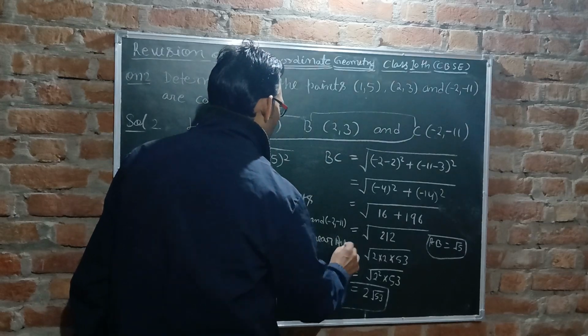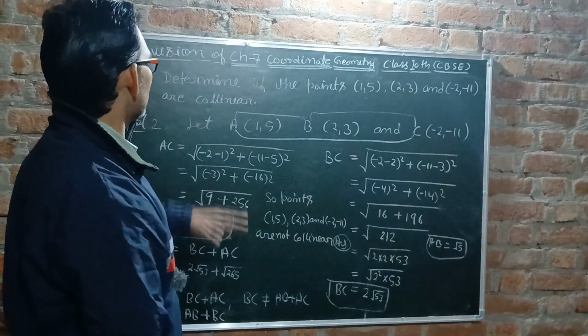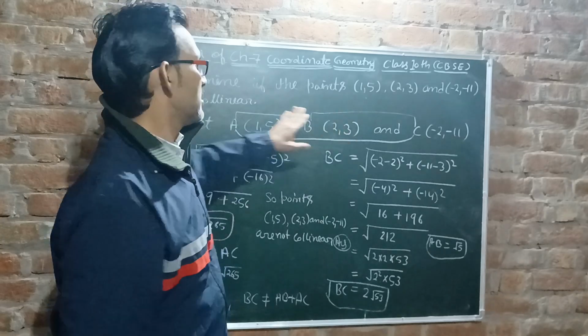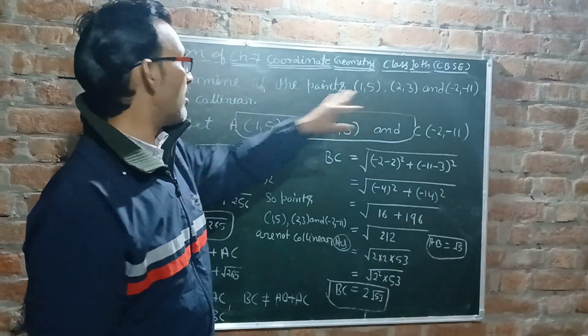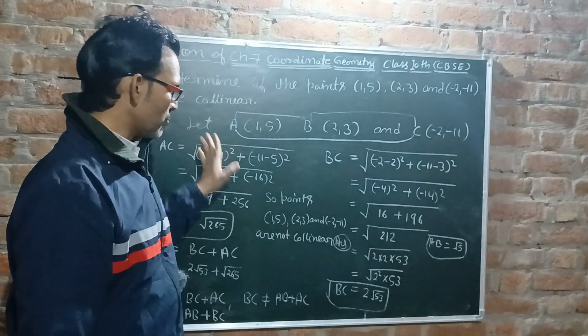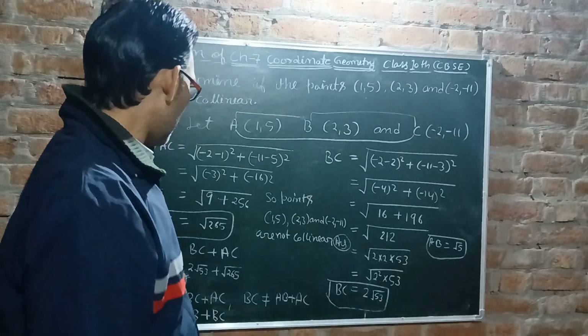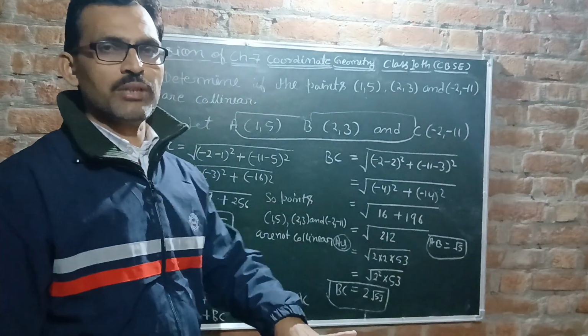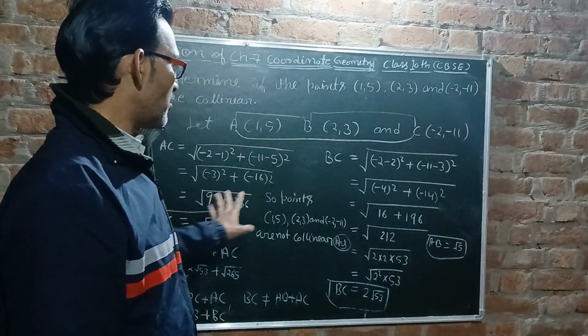This is our answer. Students, we have to determine here either the points are collinear or not collinear. So we found that sum of the two sides is not equal to the other third side, so the points are not collinear.